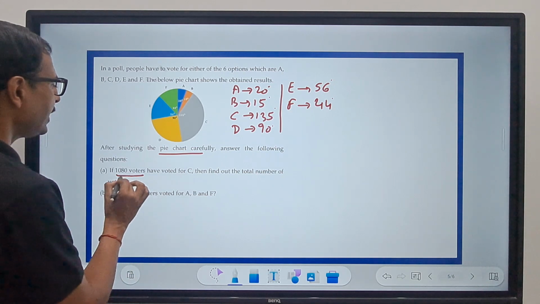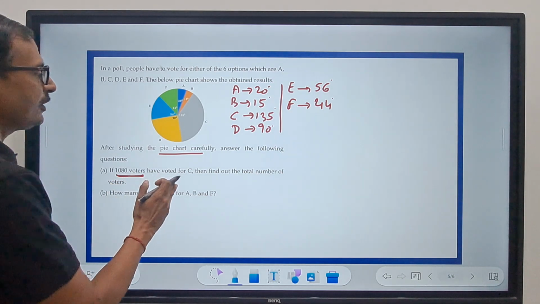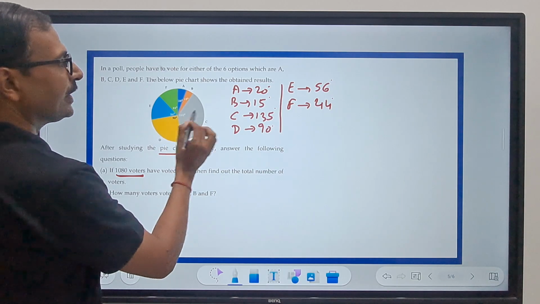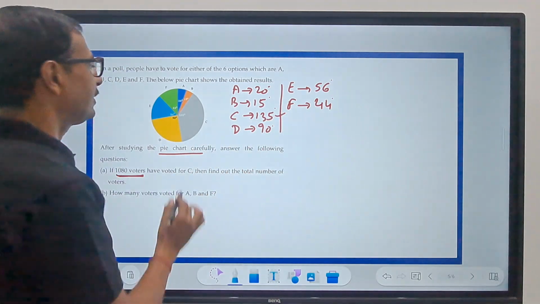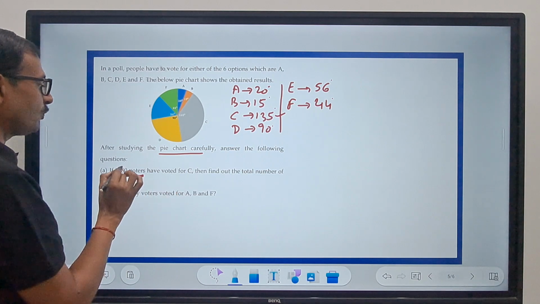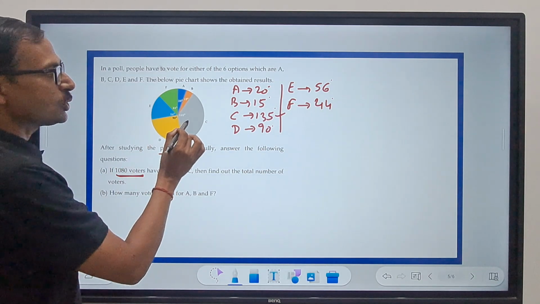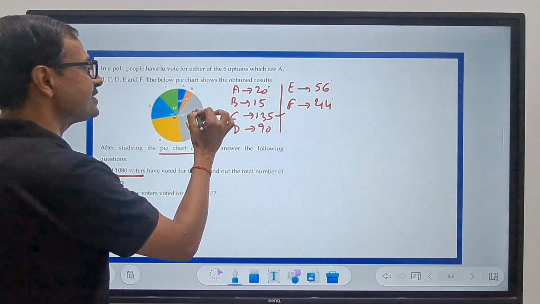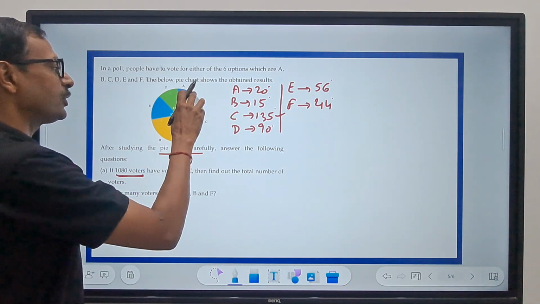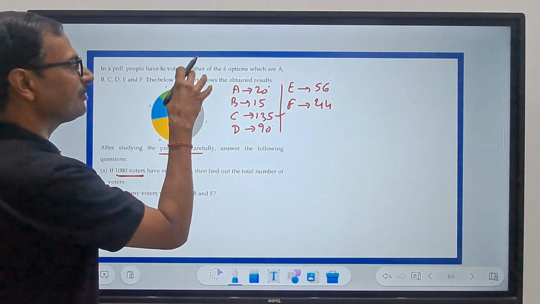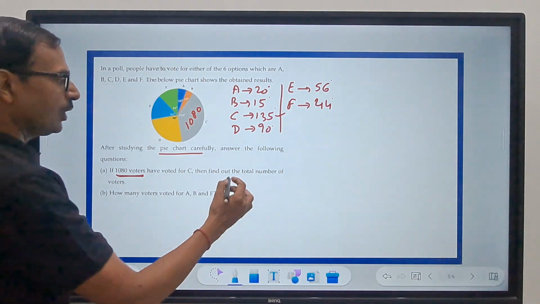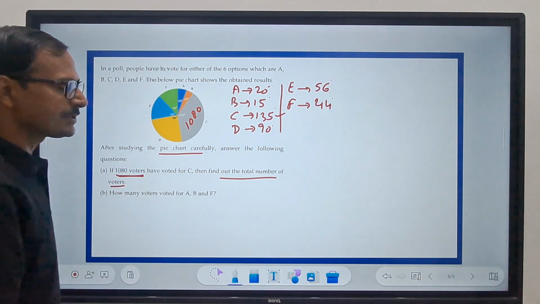If 1080 voters have voted for C, so this 135 degree sector corresponds to 1080 voters. So 1080 is the number of voters corresponding to this sector of the pie chart. Find the total number of voters.